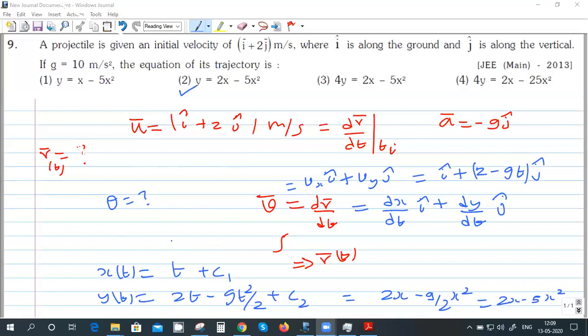Then velocity at any time, not the final time, is dr by dt, which is equal to dx by dt i cap plus dy by dt j cap, that is Vx i cap plus Vy j cap. Vx is not going to change because acceleration is only in the vertical direction. So it is the initial i cap only, and Vy is u minus gt. U is 2 from whatever is given, minus gt, right?